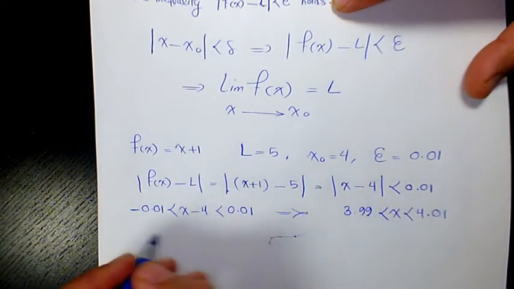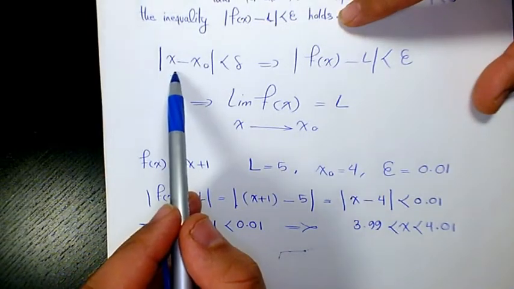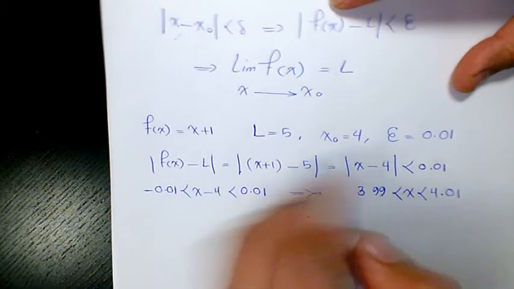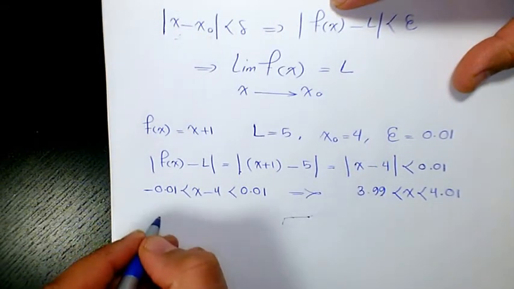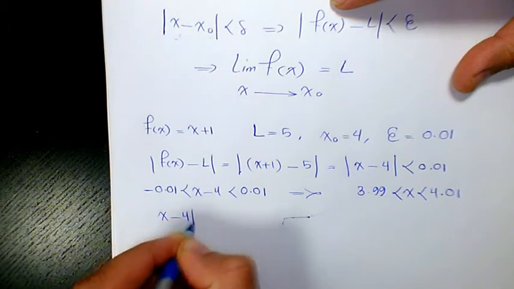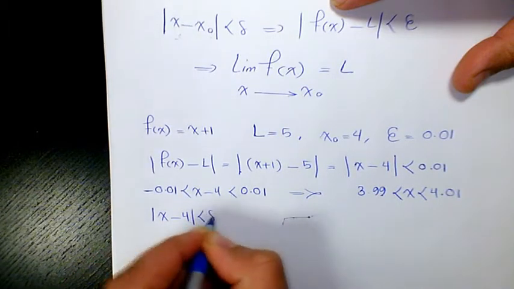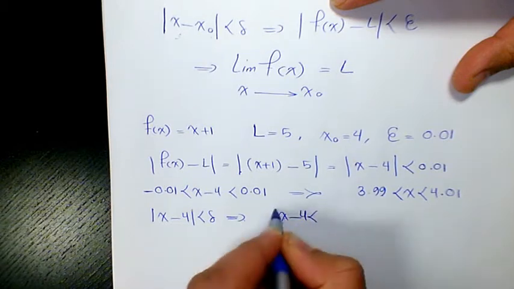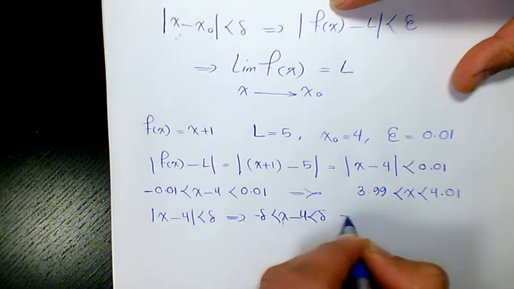On the other hand, we know the absolute value of x minus x naught must be less than delta. So x naught in this case is 4. So I'm going to say the absolute value of x minus 4 is supposed to be less than delta. So x minus 4 has to be between negative delta and positive delta.